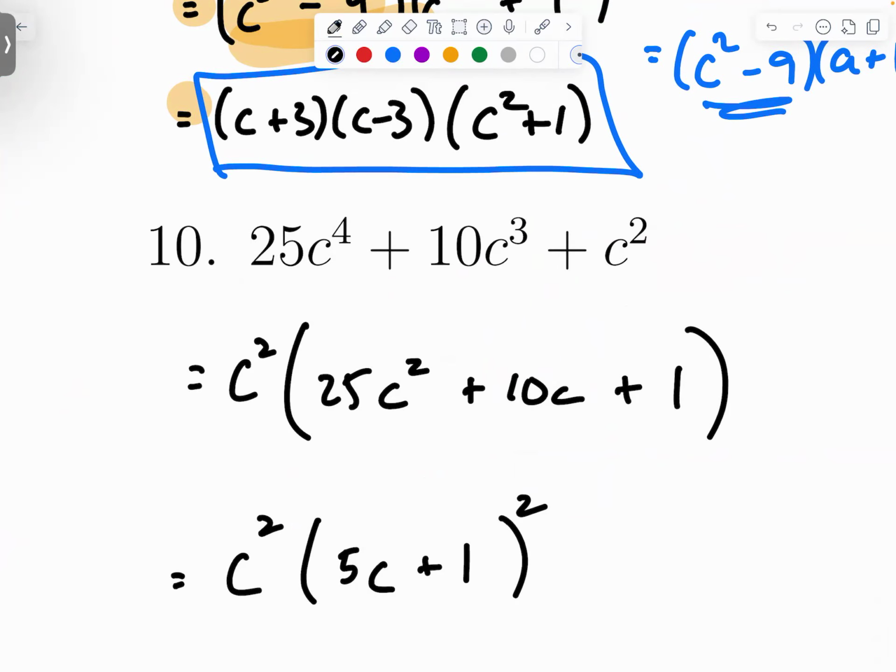So now let me write the little step to help you see it. The way you look at it is like this: 5c squared plus 2 times 5c plus 1 squared. 1 squared is 1. That's how you know it's a squared plus 2ab plus b squared. Now, if you want to see the 2ab, let me put back the 1 right here. You can see it.